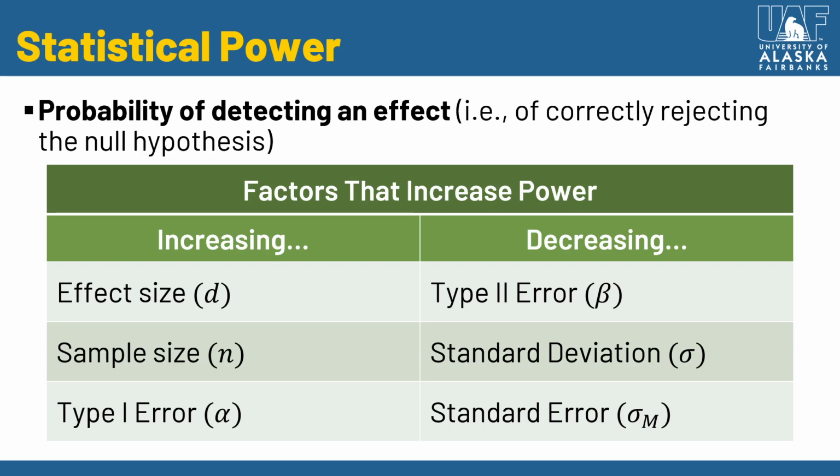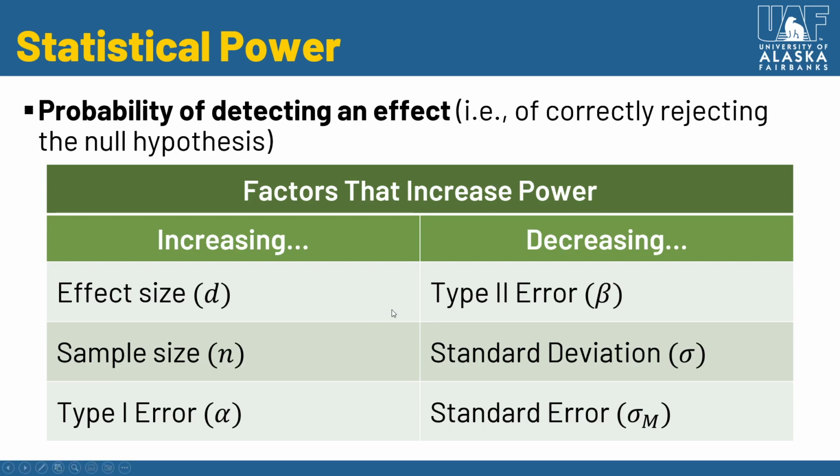And so you can see that some of these are kind of impractical, like increasing type 1 error. We don't want to increase error. Ideally, we want to decrease type 2 error, absolutely. Increasing effect size, but some of that's beyond our control, right? If there are really large effects out there, it means that they're going to be slightly easier to find.